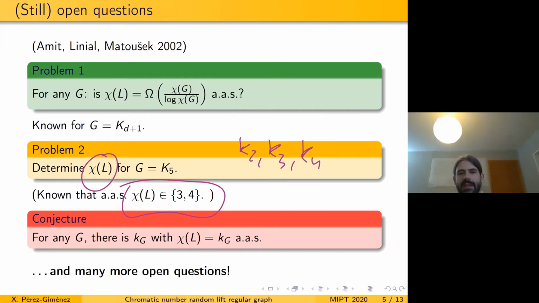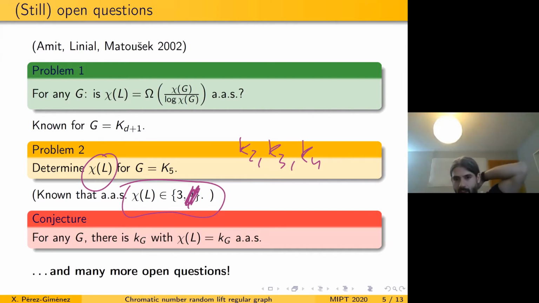It's kind of a tricky thing, and I assume that the same method should work here to prove that the random lift of K5 has chromatic number 3, using Wormald's differential equation method to analyze some greedy coloring algorithm.